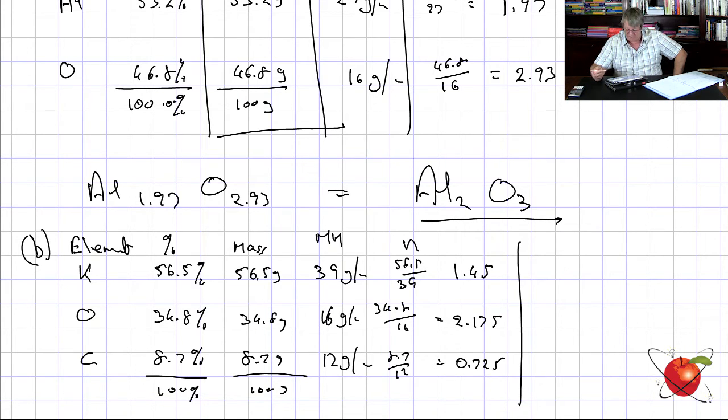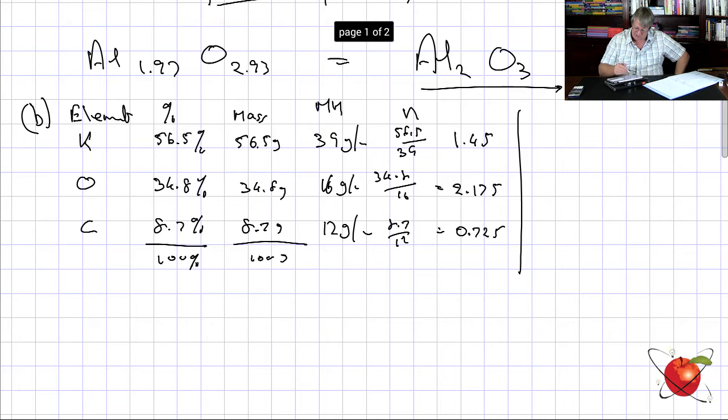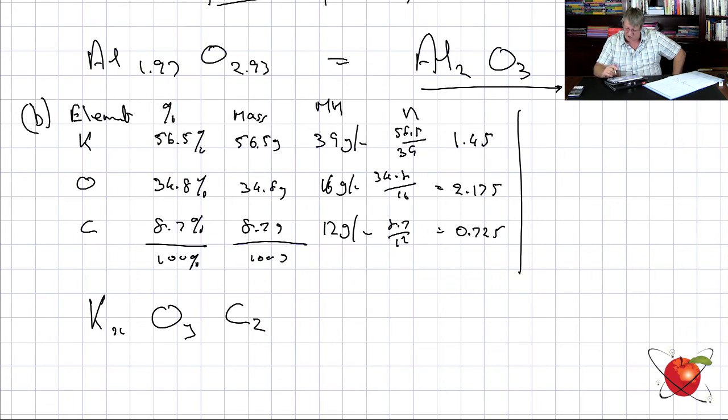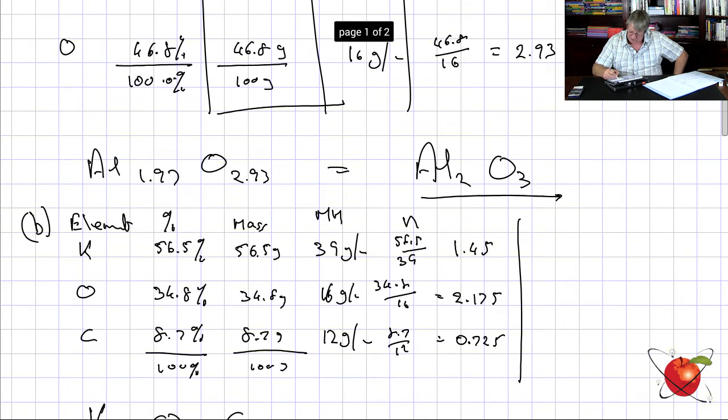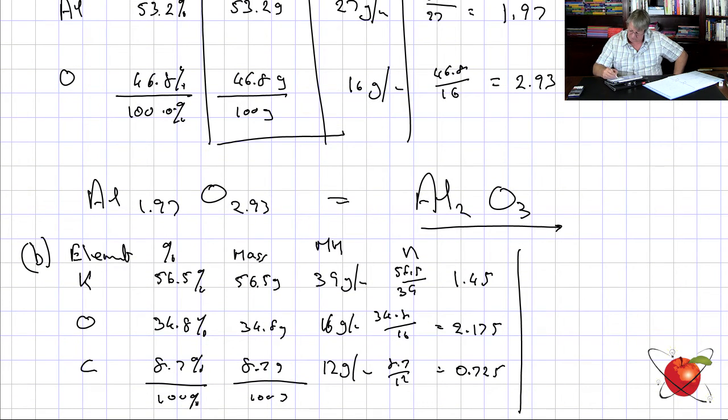Well, now we have to do some fancy footwork. Essentially, this is going to be K subscript X, O subscript Y, C subscript Z, isn't it? And now, can you see we've worked out X, Y, and Z? But they are not whole numbers, and we cannot have bits of an atom. We are not breaking them up into quarks and things like that. We are just keeping them as whole atoms.